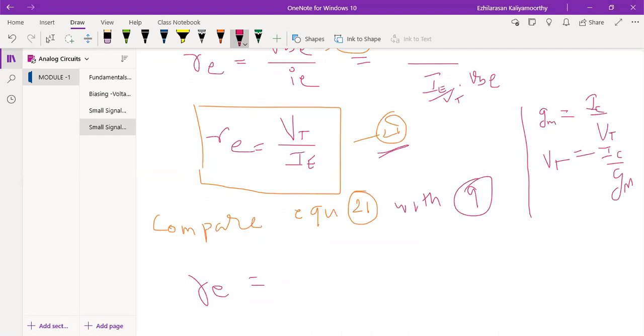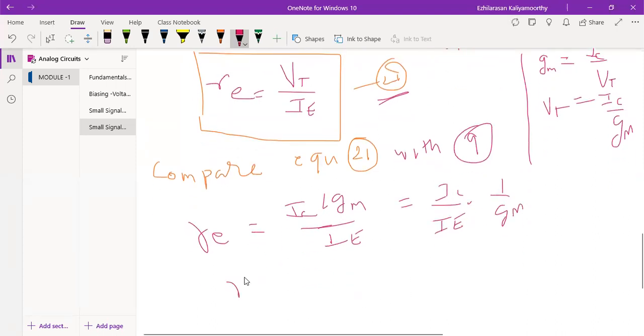Now we are just substituting: VT is equal to IC by gm, so IC by gm divided by IE. Now this will become IC by IE into 1 by gm.